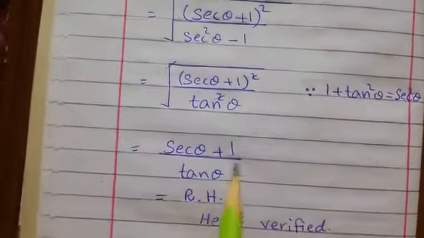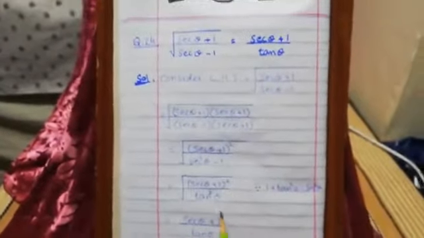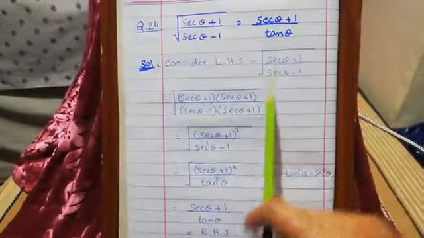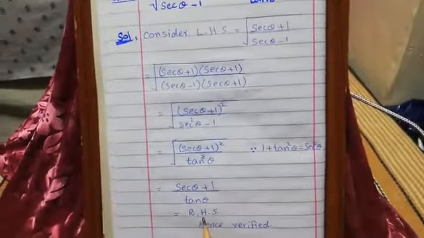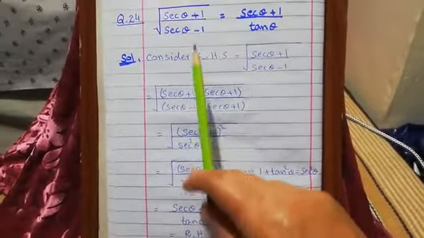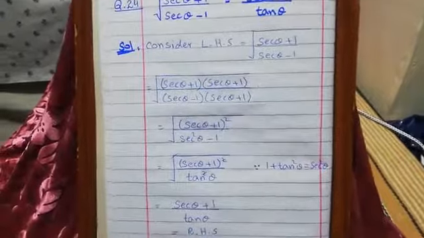We will get secant theta plus 1 by tan theta, and this is the right hand side of our question. So we have verified that both sides are equal with each other, and it is a very easy method.